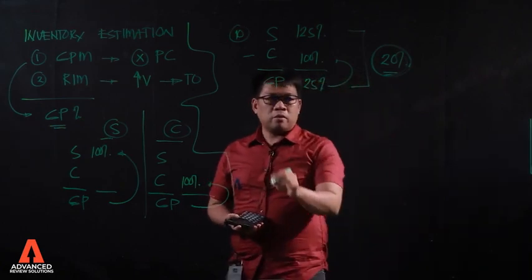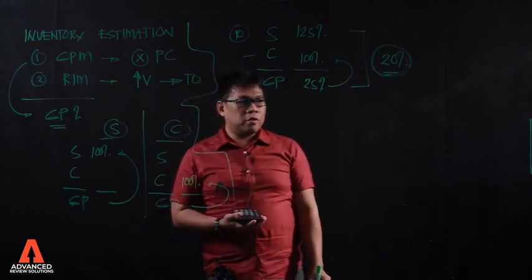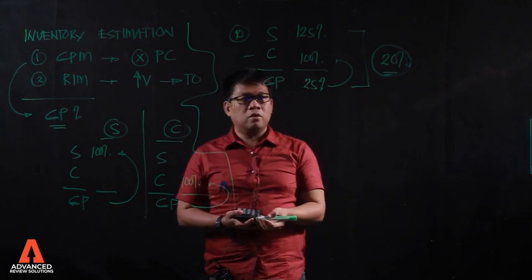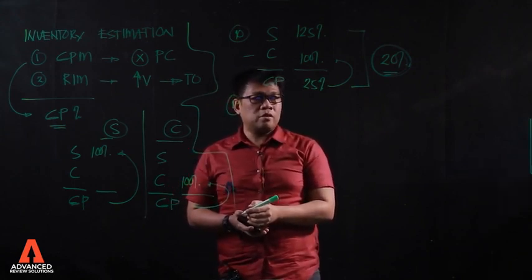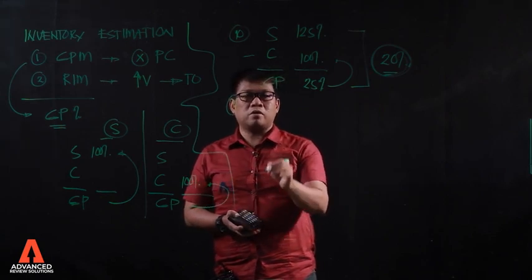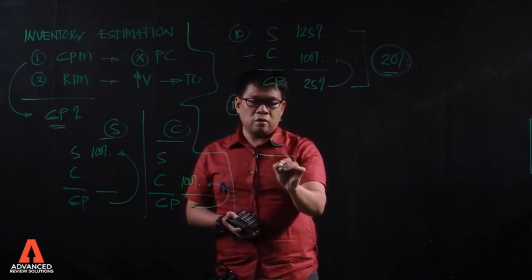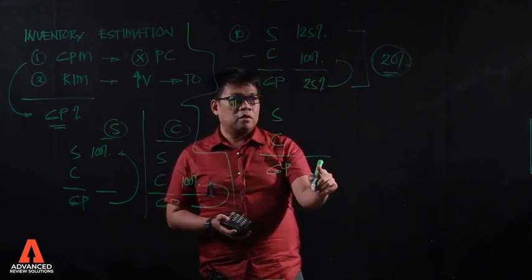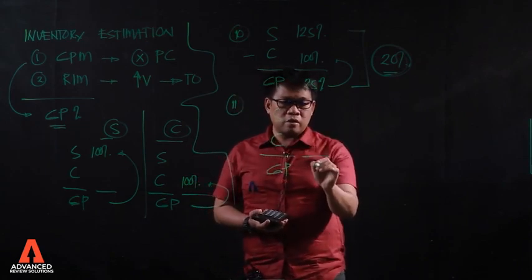Let's now go to item 11. In item 11, we are asked to compute the gross profit rate based on cost. Let's read the problem. If the gross profit rate based on sales is 20%, what is the gross profit rate based on cost? We have your sales, cost of sales, and gross profit. Again, sabi ni item 11, the gross profit rate based on sales is 20%.